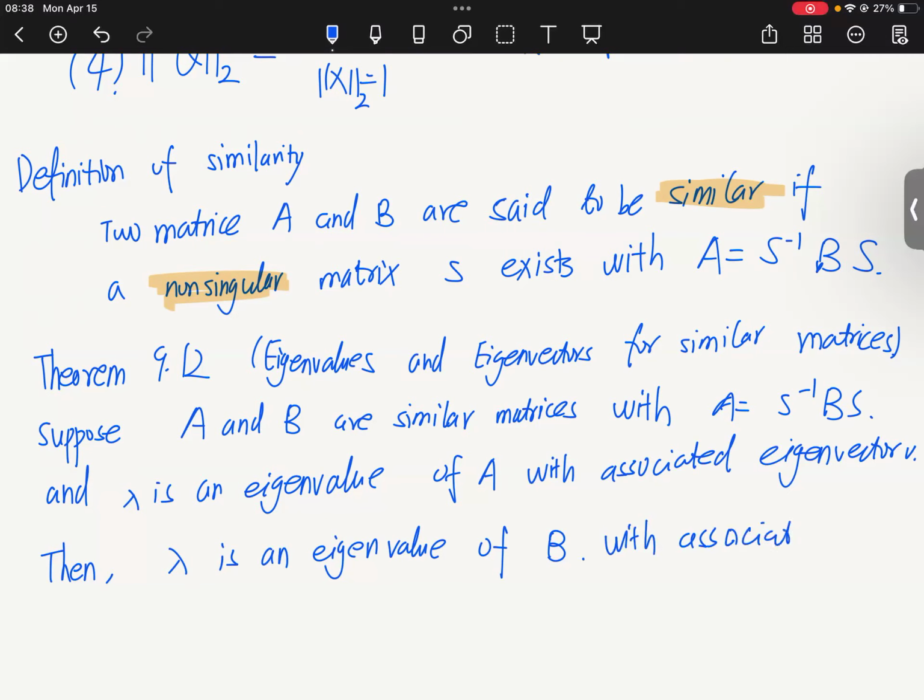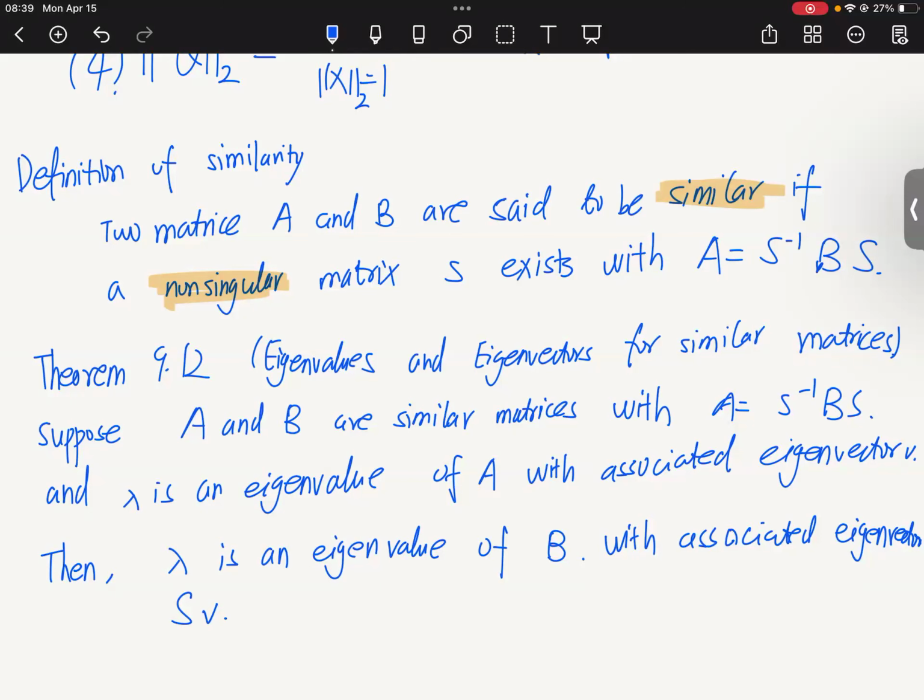This eigenvalue has associated eigenvectors that are not exactly the same, but related to the eigenvector V above, namely SV. So if we have similar matrices, they have the same eigenvalues, but the eigenvector for A is V, and the eigenvector for B is SV, which involves the matrix of the similarity transformation.